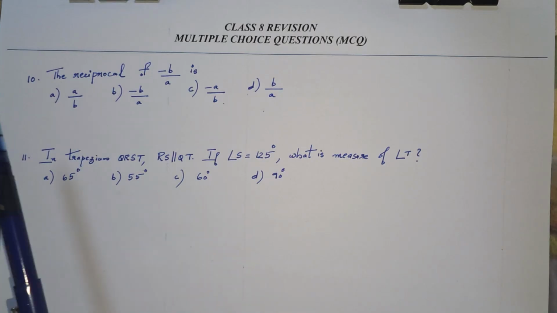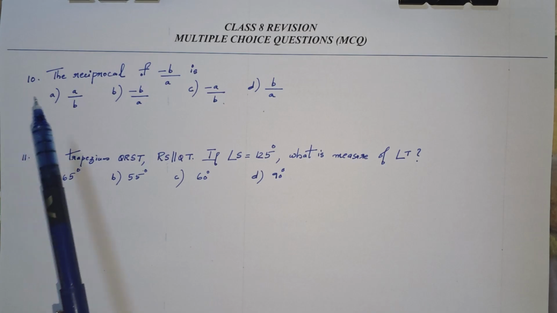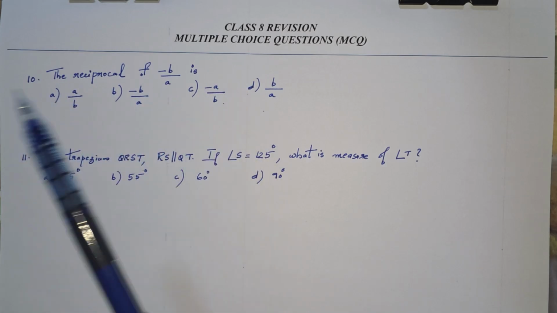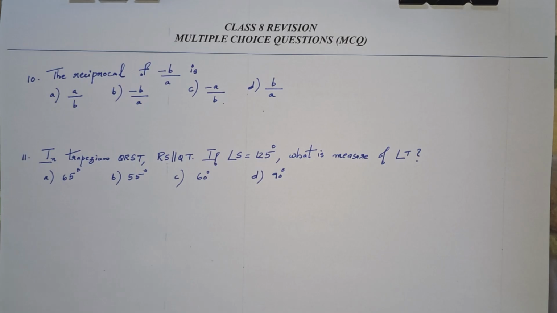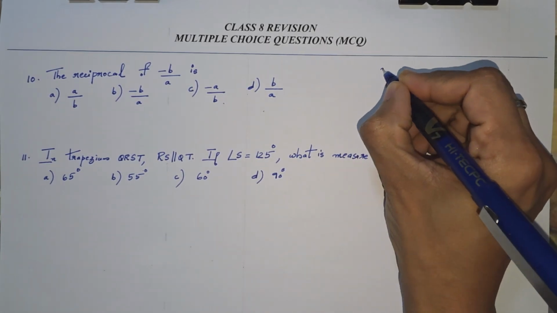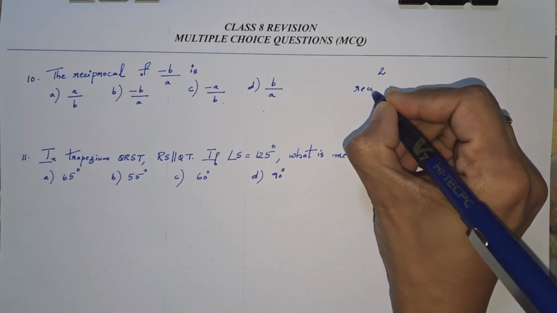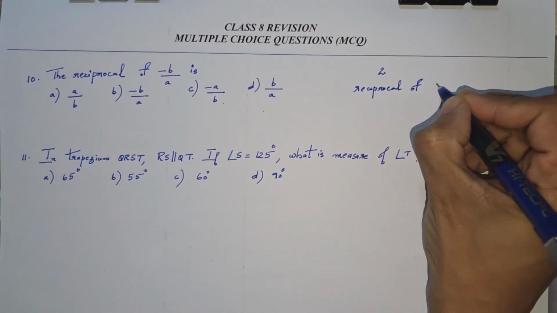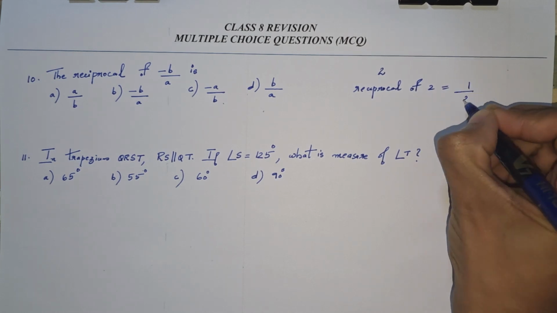Question number 10 is the reciprocal of minus b by a is, options are a by b, minus b by a, minus a by b and b by a. Okay, what is reciprocal? If I take any number, let's say 2, reciprocal of 2 is 1 upon that number, isn't it? The 1 by 2 is the reciprocal of 2.